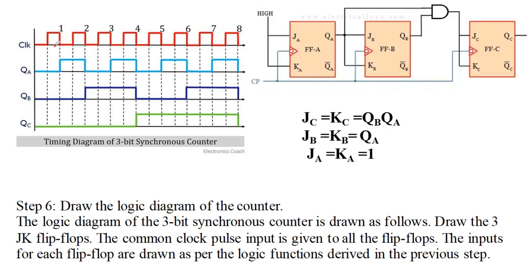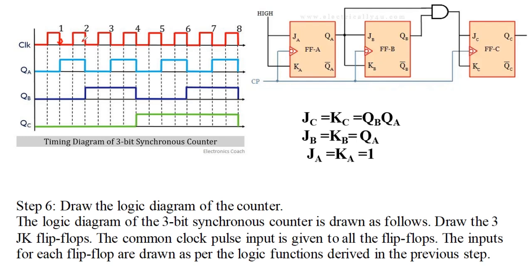Initially let me clear QA, QB, QC as zeros. Now for the first clock pulse, on the negative edge, the trailing edge, QA is the least significant bit. JA, KA inputs are logic 1, hence the previous state is 0, it will toggle to logic 1.